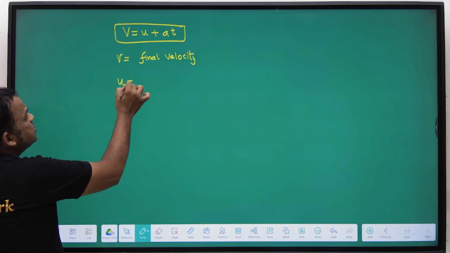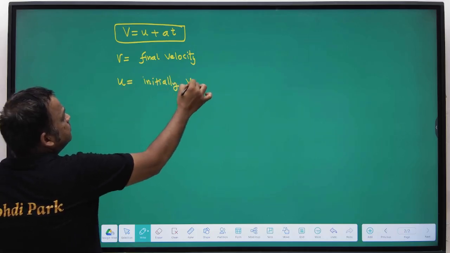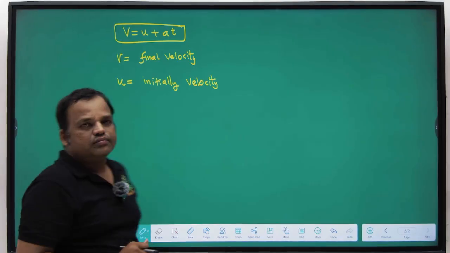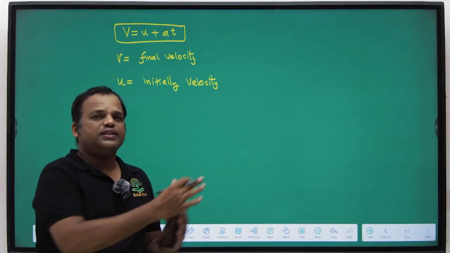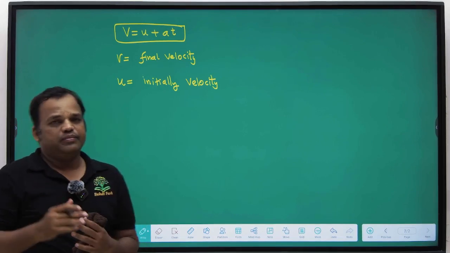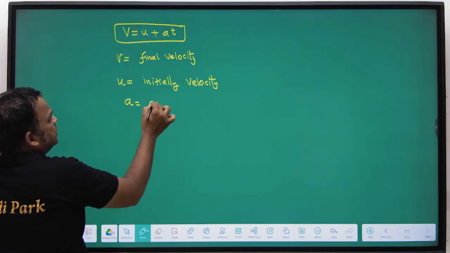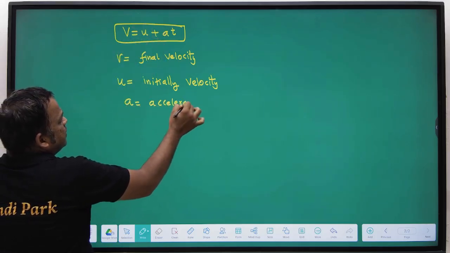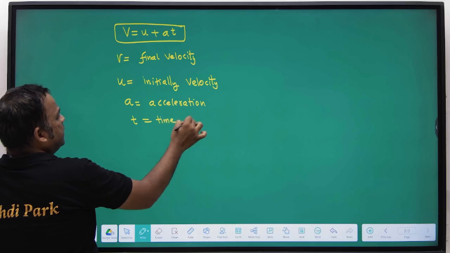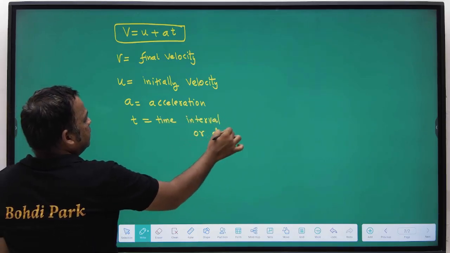Similarly, initial velocity, if the particle is going right side, u will be positive. If the particle is going left side, u will be negative. Similarly, for acceleration, a is the acceleration, t is the time interval or time duration.